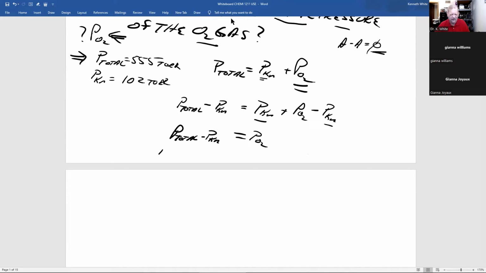And I like to rewrite it again. You don't have to. So partial pressure of oxygen, which we're trying to find, is P total minus partial pressure of krypton.